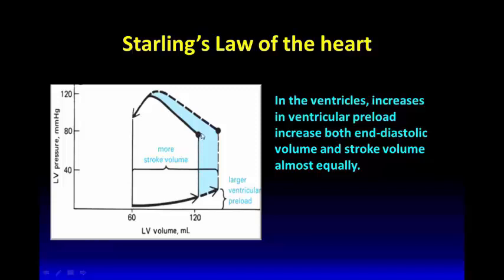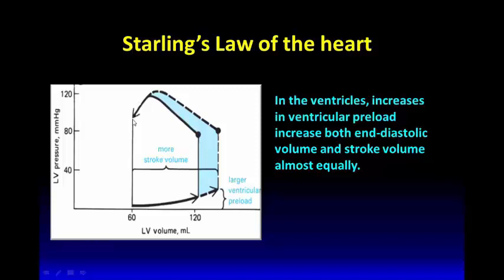And when the left ventricle generates enough pressure to overcome the aortic pressure, it opens the aortic valve and ejection of the blood begins. So the left ventricle begins to eject the stroke volume. This is the rapid ejection phase, and this is the slow ejection phase, and here we have the end of left ventricular systole.